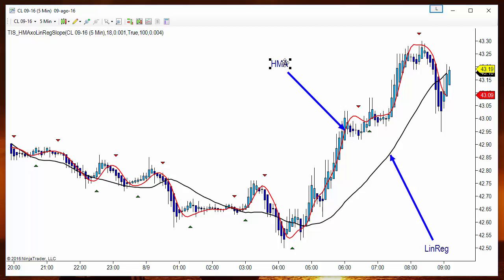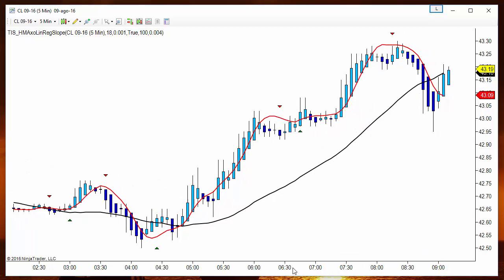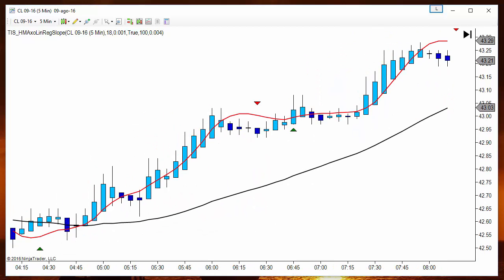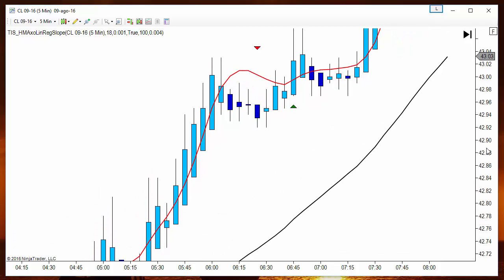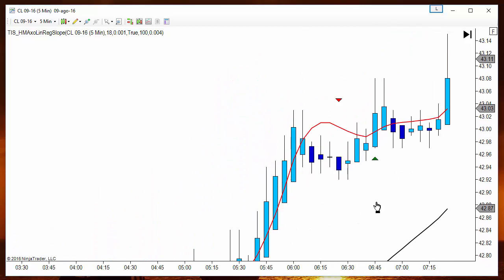To better understand how we calculate the slope, let's see in detail the red line.